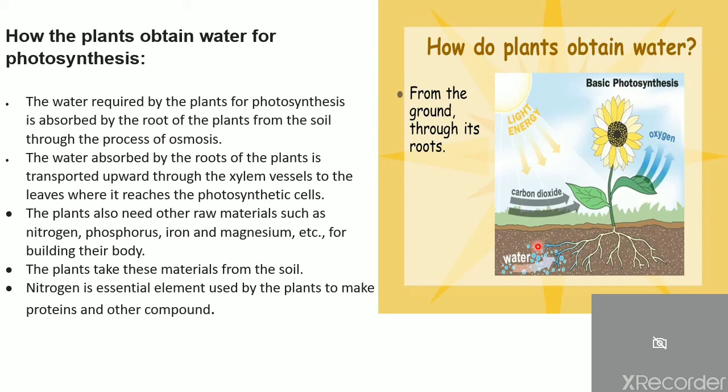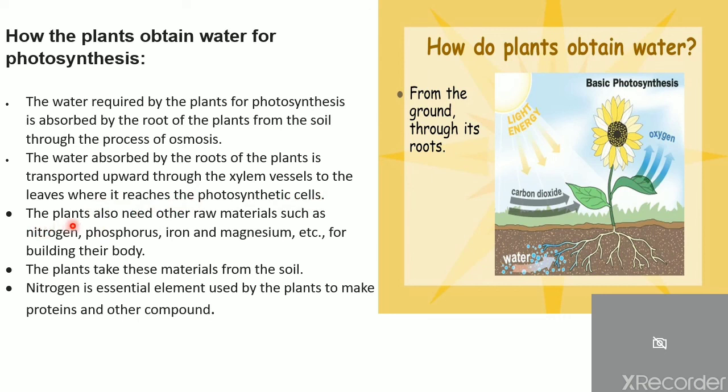But just remember that water is absorbed through the roots by the process of osmosis. The water absorbed by the roots is transported upwards through the xylem vessels to the leaves, where it reaches the photosynthetic cells.